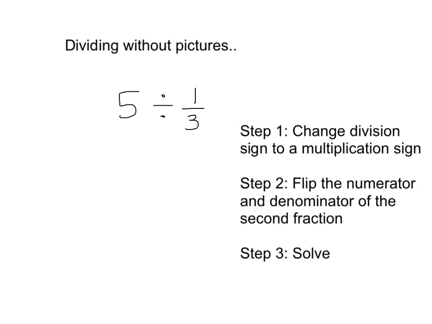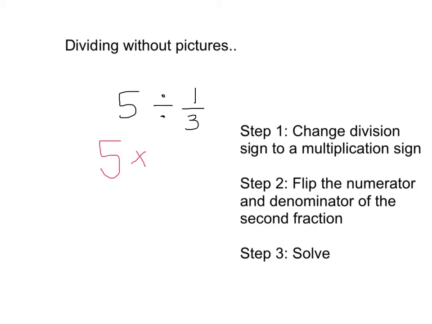Now, a lot of times you are going to have to divide without using a picture. So there's a couple steps that you need to first do. Step number 1, change your division sign to a multiplication sign. So I'm going to rewrite my problem, which in this case is 5 divided by 1/3, and now it's going to be 5 times a number.